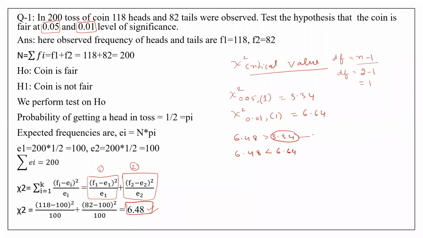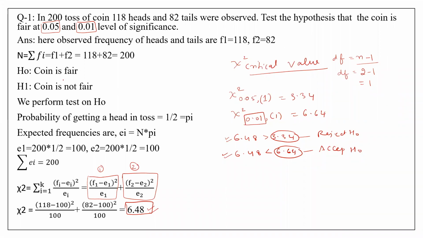So you have to reject the hypothesis H naught because it is greater, and here it is less because 6.64 is for 1%. So we have to accept the hypothesis H naught because 1% is more accurate, because you are telling this with 99% confidence. So this hypothesis will hold true compared to this one.